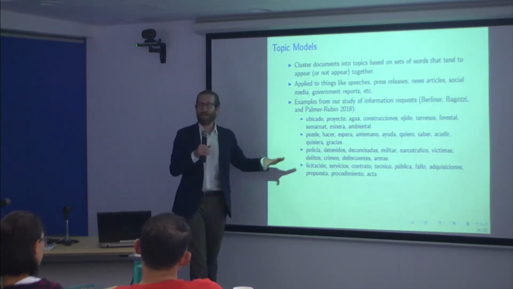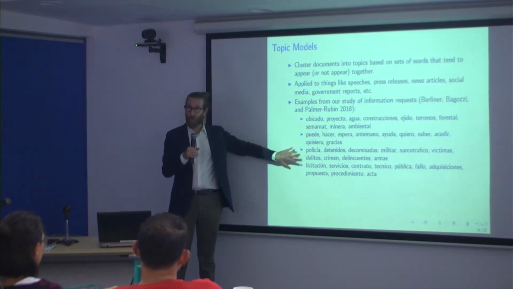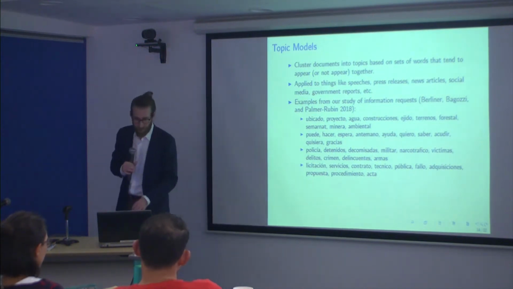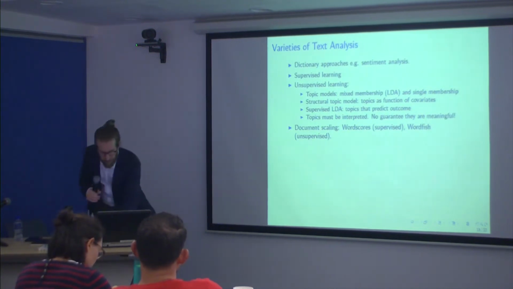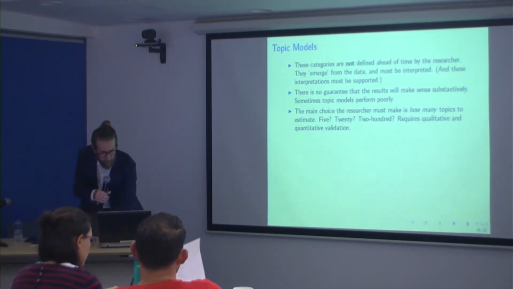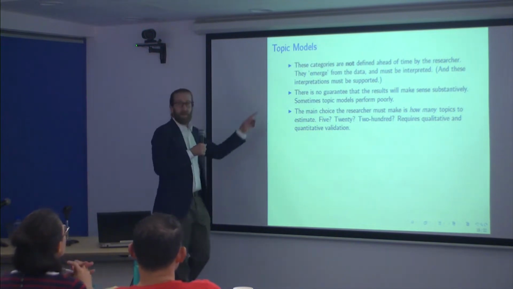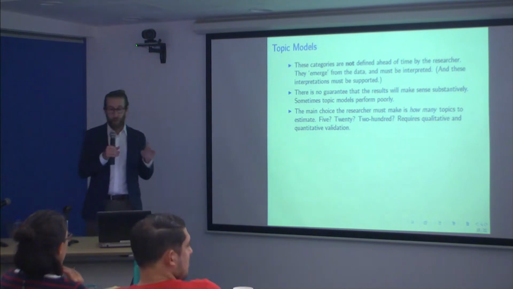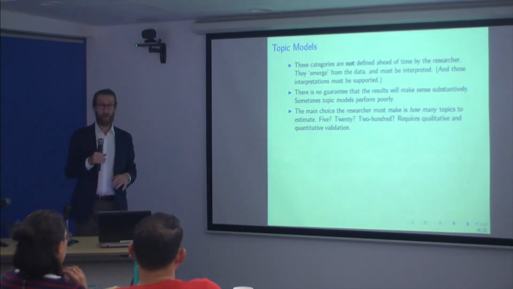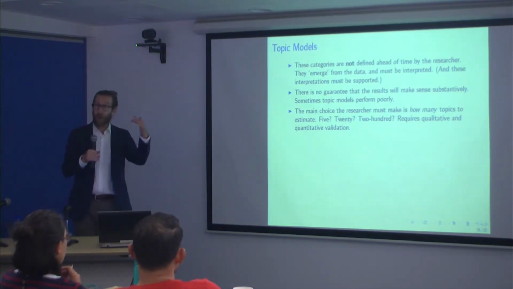So hopefully that gives you an idea of what a topic model is, right? Clusters of words define a topic. Well, that's actually what makes this unsupervised learning. These categories were not defined ahead of time, right? We did not start out with a list of categories.